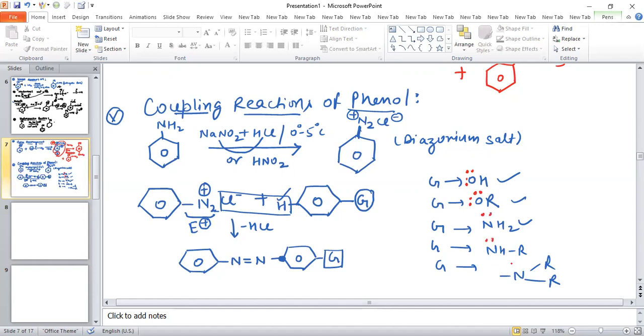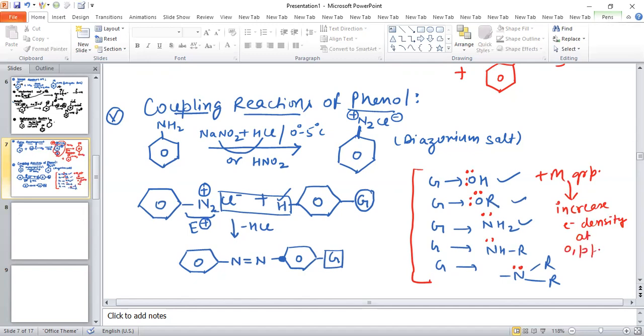We know a plus M group increases electron density at ortho and para positions.